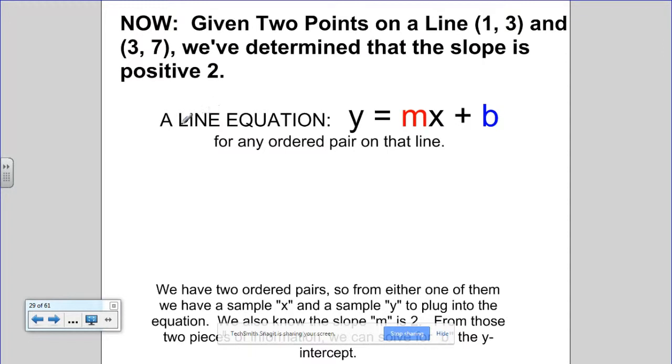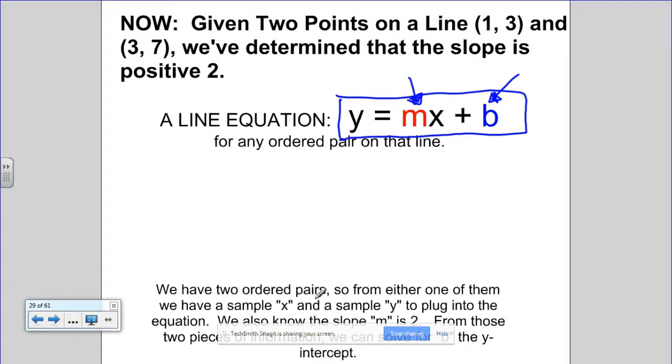So, any line equation in slope-intercept form is y equals mx plus b, where m represents what? Hopefully you're thinking the slope, Mr. Cummings. And b represents what? Hopefully you're thinking the y-intercept, or where the equation starts on the y-axis. Okay, so if you have two ordered pairs, this is what this little note says down here, and this might be small on your paper, so just bear with that.